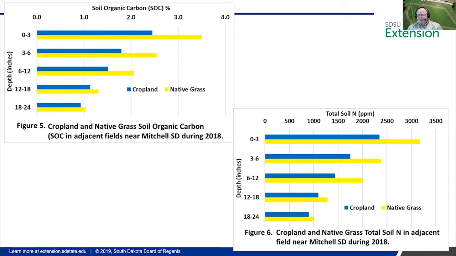And as we see carbon go up or down, that nitrogen also has to go up or down, because the carbon to nitrogen ratio wants to settle in there about 10 to 12 to 1. And so the total nitrogen in the soil is also being depleted by our cropland activities.